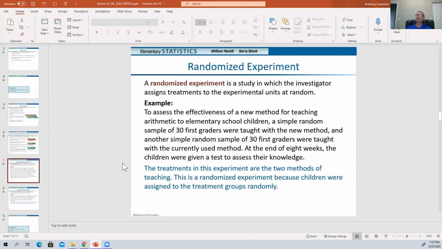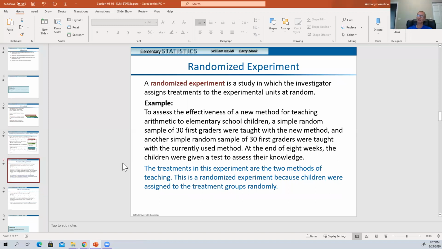And so this idea of a randomized experiment, hopefully when you read some of these scenarios, it should be obvious if it's randomized or not. And what this says, this randomized experiment, is a study in which an investigator assigns the treatments to experimental units randomly.